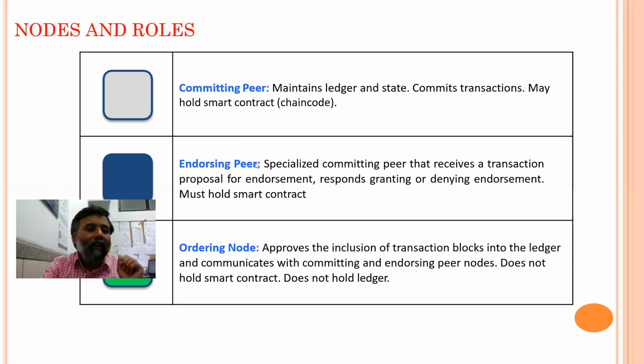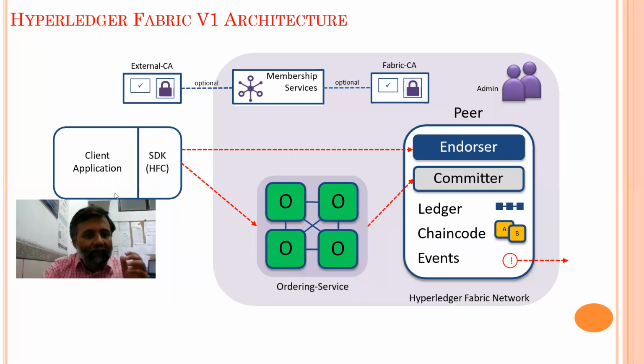Second, a peer can work as an endorser. An endorsing peer is a specialized committing peer that receives a transaction proposal for endorsement. What happens is that the client SDK submits a transaction to the endorser, and after endorsement, the ordering service is involved. When the SDK client receives sufficient endorsement from the endorsers, it informs the ordering service.